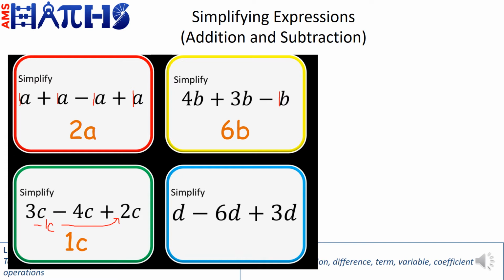And on the blue box, we have d minus 6d plus 3d. And as I said, d standing on its own would be 1d. So 1d minus 6d, 1 minus 6 is minus 5d.